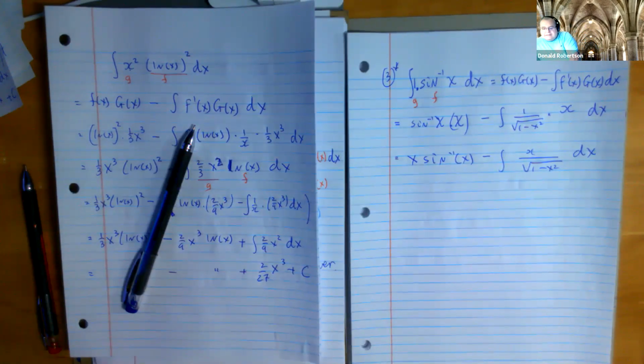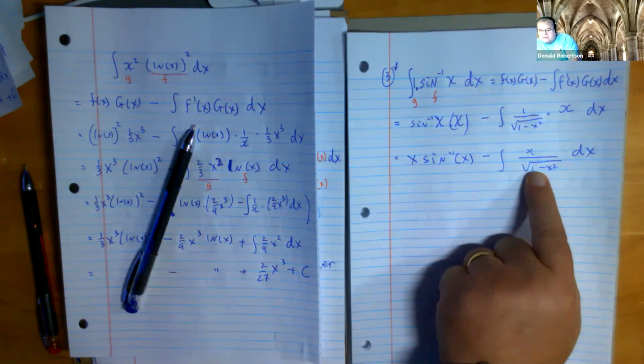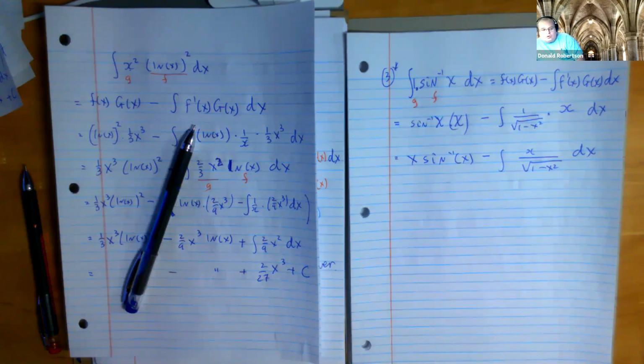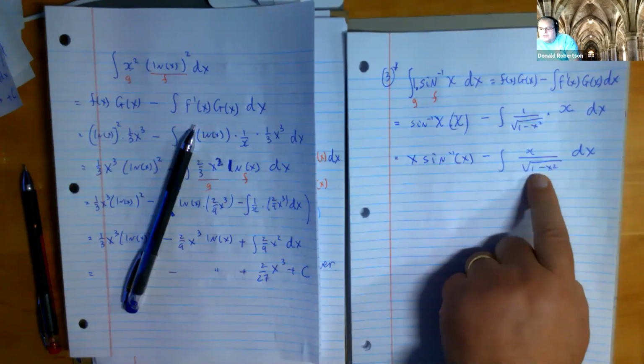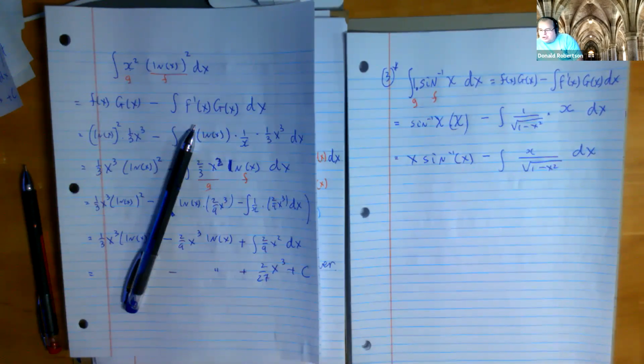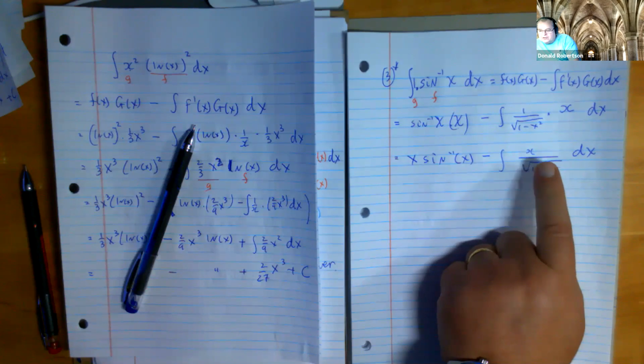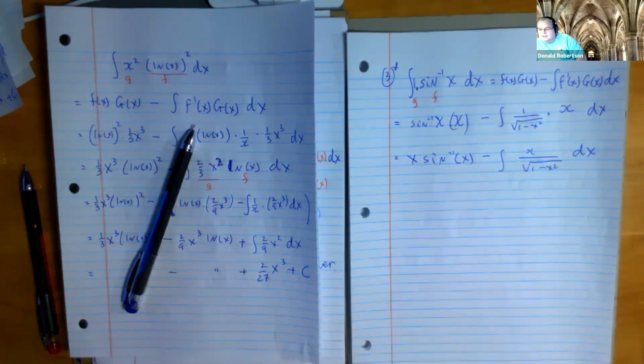And then what you might not have expected will happen sometimes. This thing here is no longer going to be an integration by parts method. To get the integral of this, integration by parts is not the way to go. But we do have a technique for finding the integral of this guy.